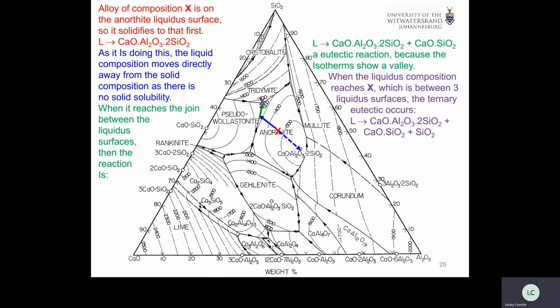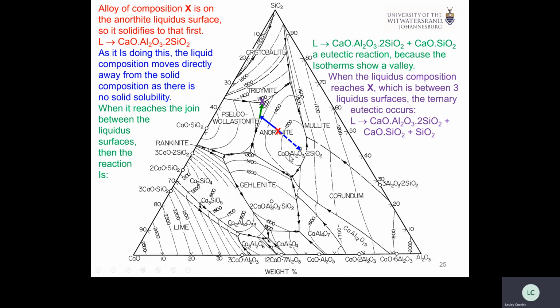And then the other thing you can do is use the liquidus surface to work out the solidification sequence, as it solidifies. So my composition is X. It's on the anorthite liquidus surface. So we know it solidifies to anorthite first.